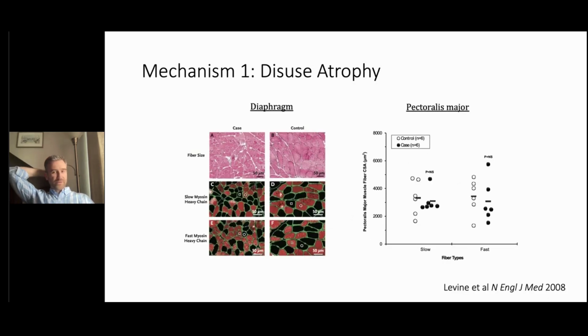This issue of atrophy was elegantly demonstrated in brain dead organ donors, where they showed that in comparison to patients undergoing thoracic surgery for just a few hours, the myofibrillar cross-sectional area of patients diagnosed with brain death was markedly reduced. And strikingly, if you look at this plot on the right here, you'll see that there's no difference between cases and controls in a chest wall muscle, the pectoralis major.